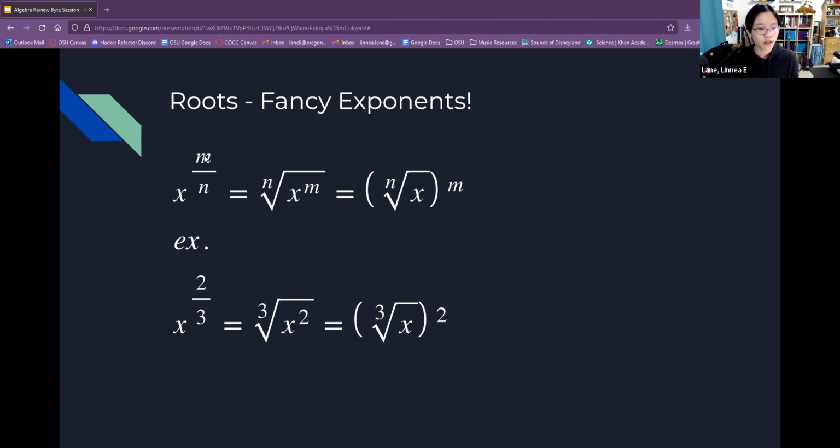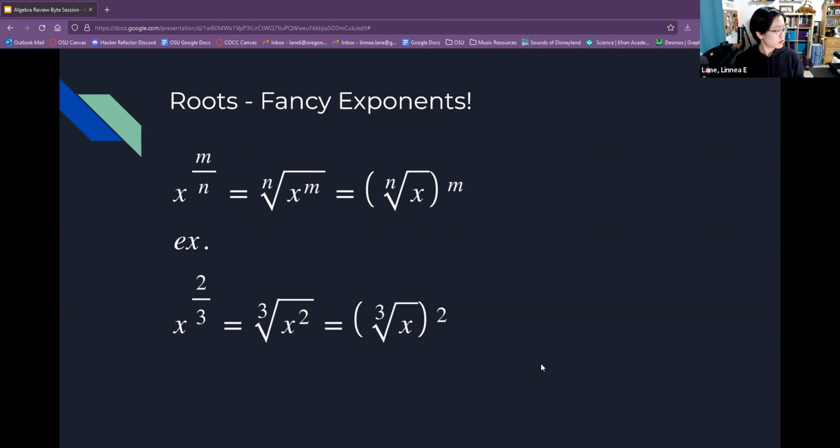The top number comes down and attaches to the, we'll call it a base, maybe your variable in this case. And the bottom term in that fraction becomes the degree of the root. So in this case, it's 3. So this is a cube root. And it can be written either with the top number inside or outside. These are equivalent statements. You could put it in your calculator and it would spit out the same answer.